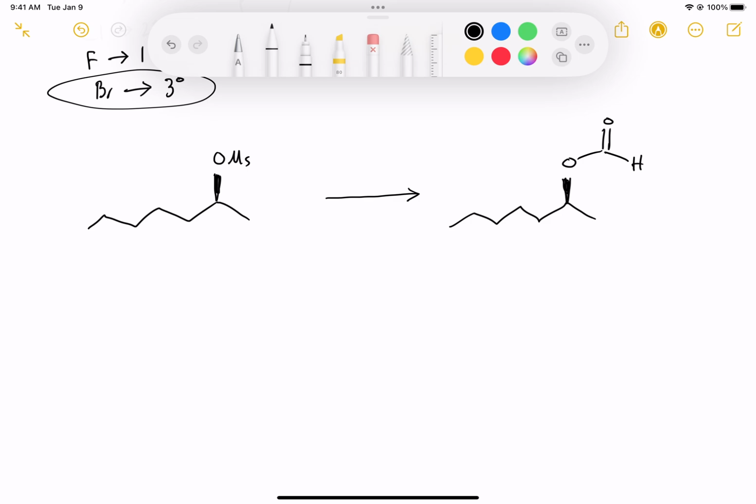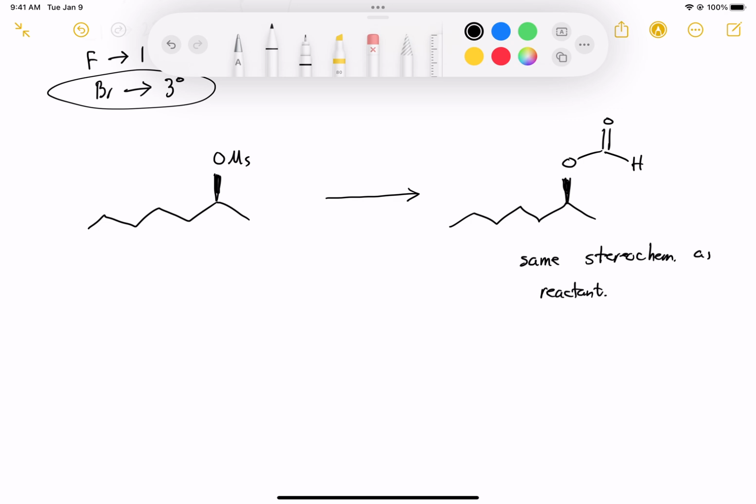Okay, so the key difference here: look at the stereochemistry. You have the same stereochemistry as the reactant.